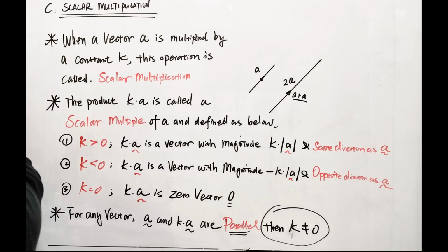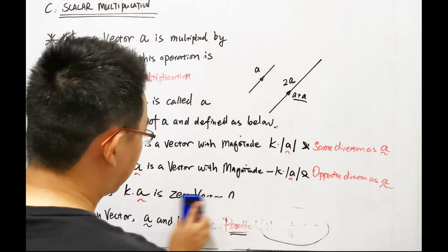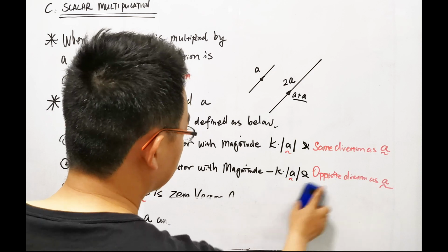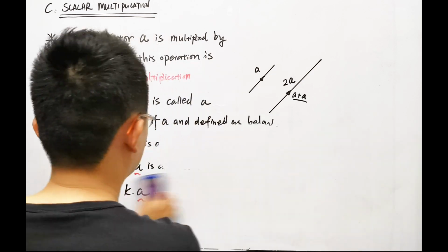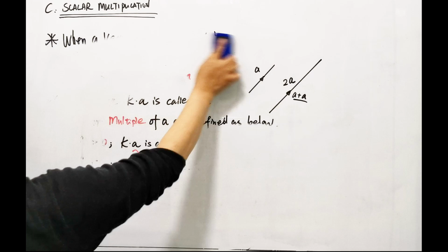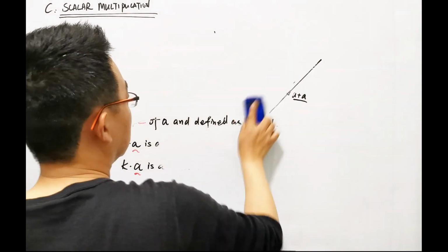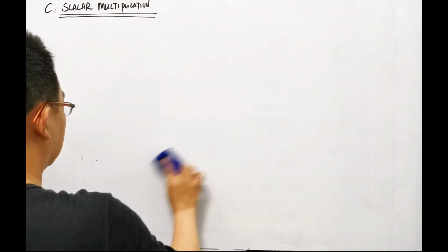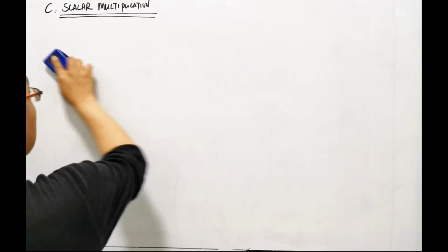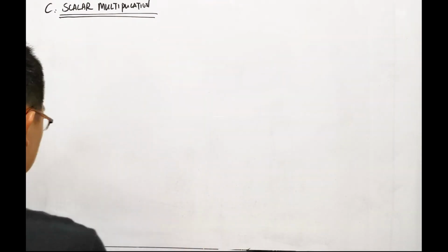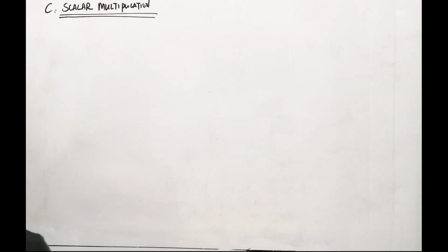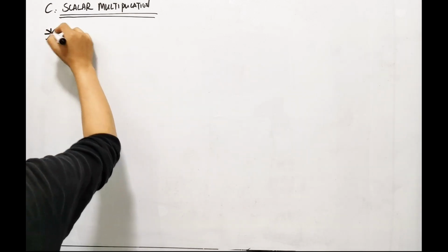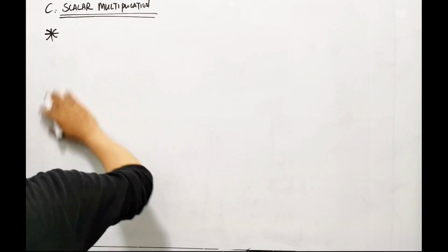We also can find some general rules for this multiplication of vectors.